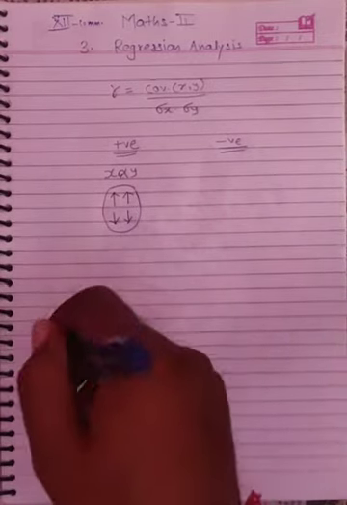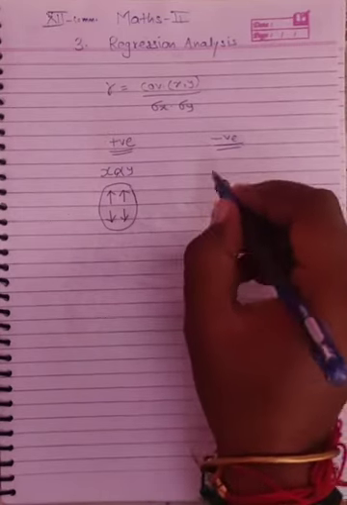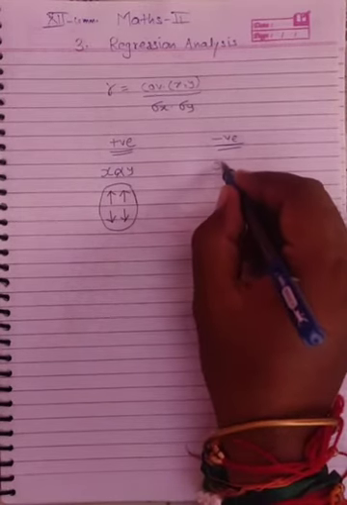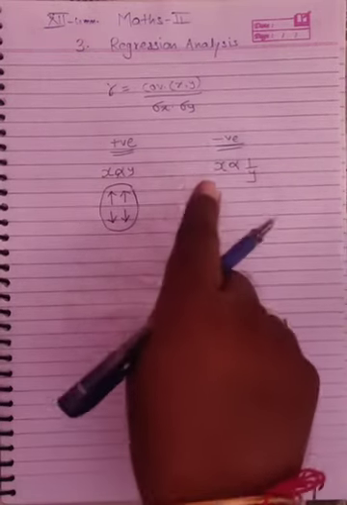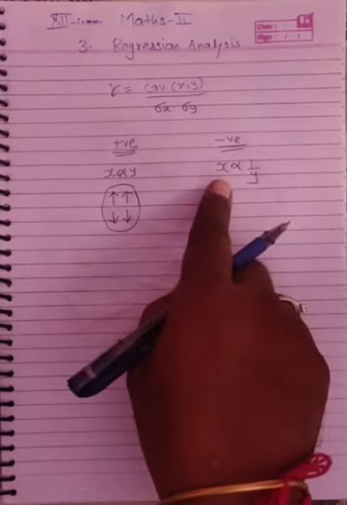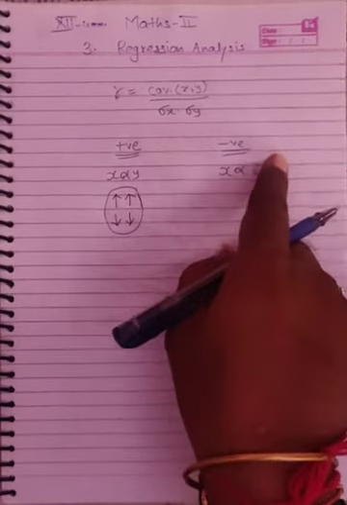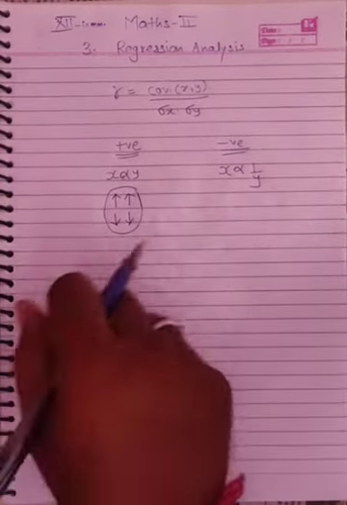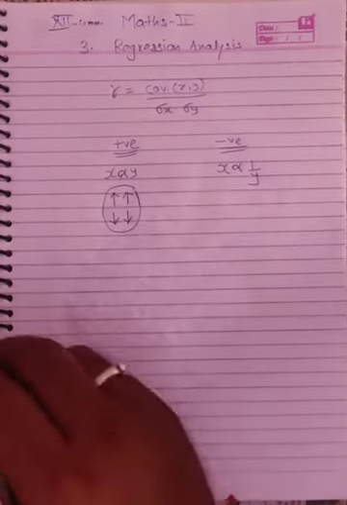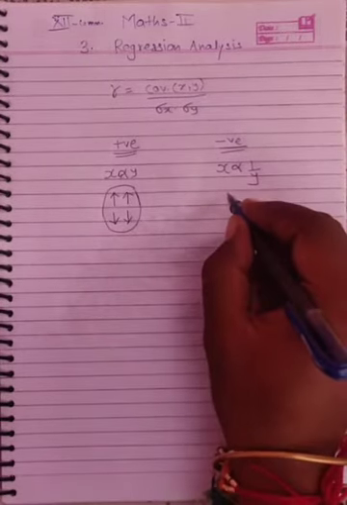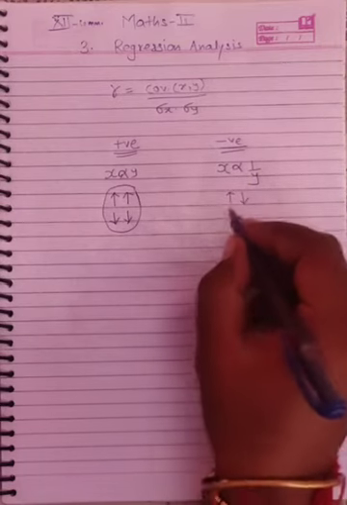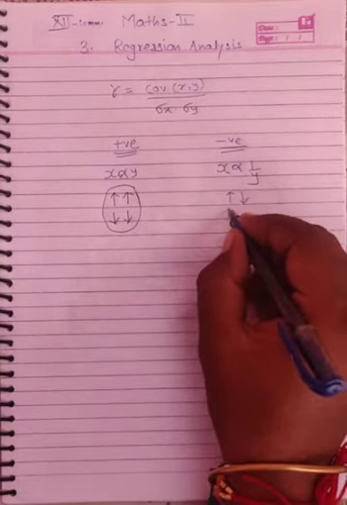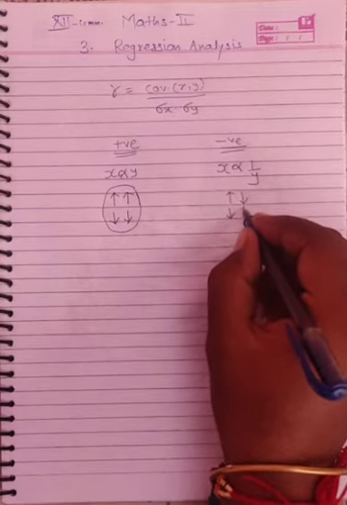Now what is the meaning of negative correlation? In negative correlation, suppose we have two variables x and y, then x is inversely proportional to y. This is the symbolic form for inversely proportional. Now what is the meaning of inversely proportional or negative correlation? Here if y increases, then x decreases, or conversely if y decreases, then x increases.